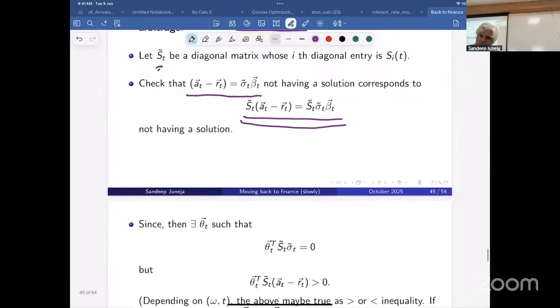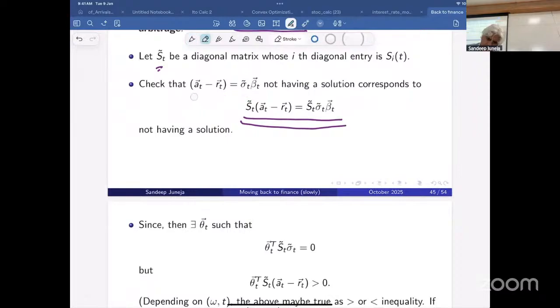So that means there exists a theta t. So it doesn't have a solution basically in a positive set of t and omegas, a set of positive measure of t and omegas. Okay.